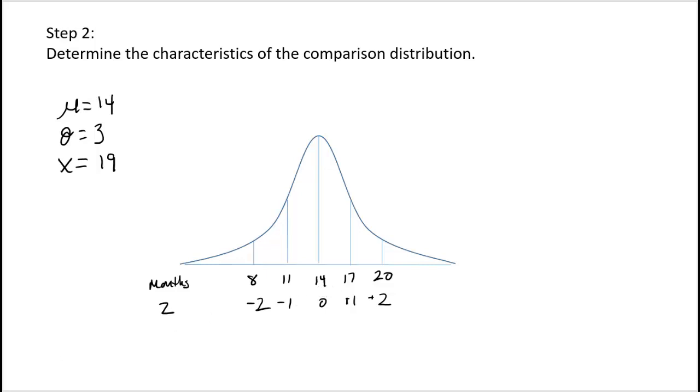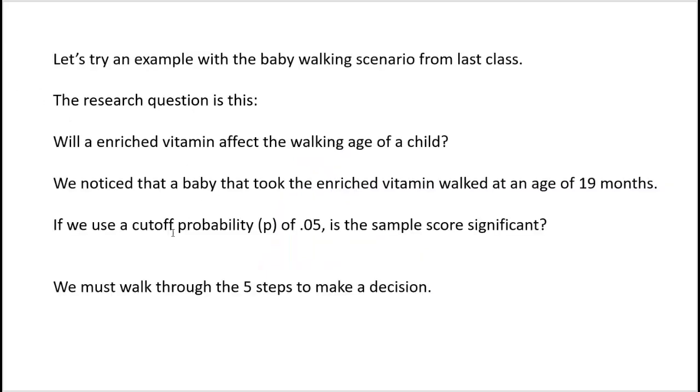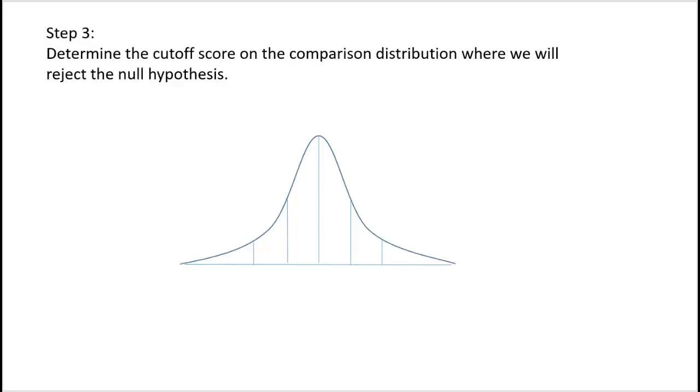Step 3, we want to determine the cutoff score on the comparison distribution where we will reject the null hypothesis. Well, in the example, we are using a cutoff probability of 5%, and we know that this is a two-tailed test because of the way that the question was asked. So that means that we are using a two-tailed test, and we're using the probability of less than 0.05.